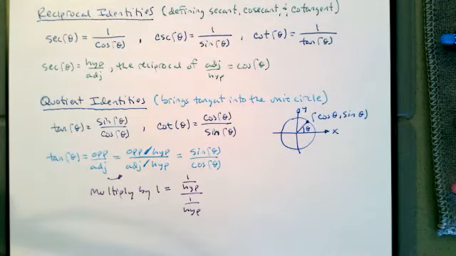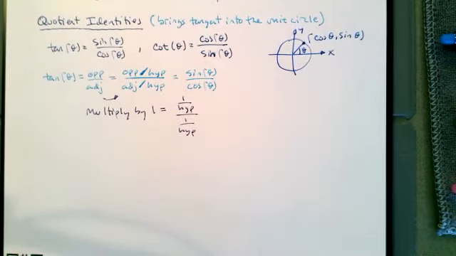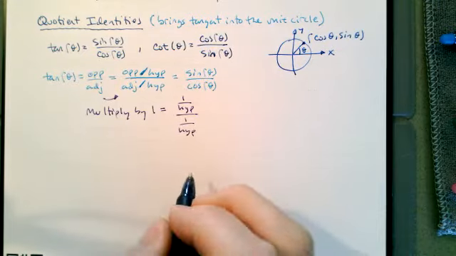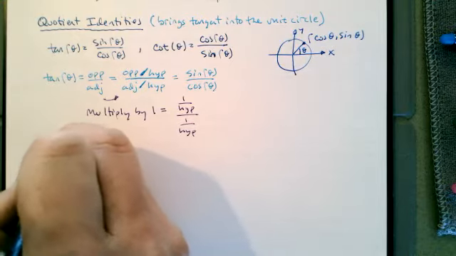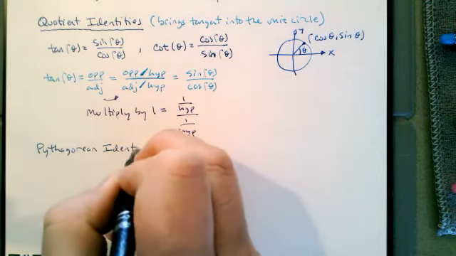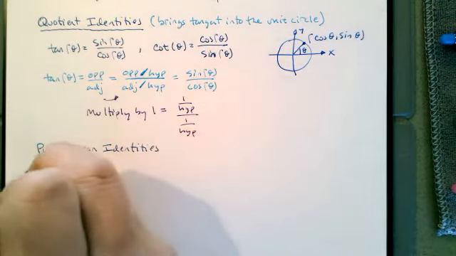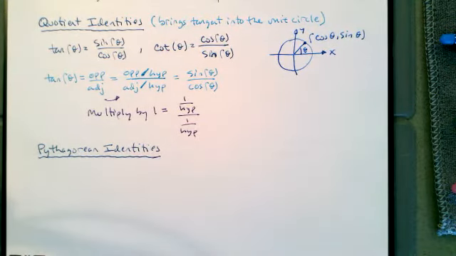All right. Then the other trigonometric identities that we should have moving forward are the Pythagorean identities. This is also strongly connected to the unit circle. This connects the trig functions to an algebraic description of the unit circle.